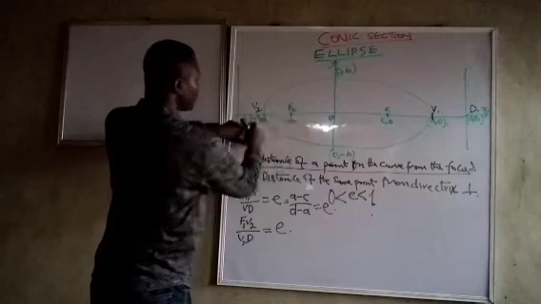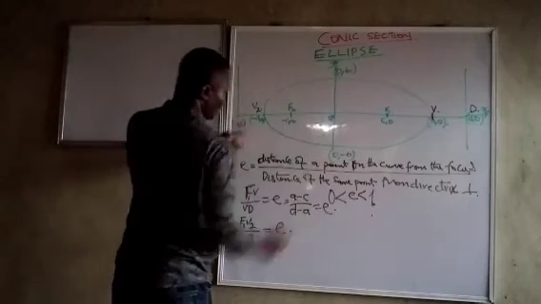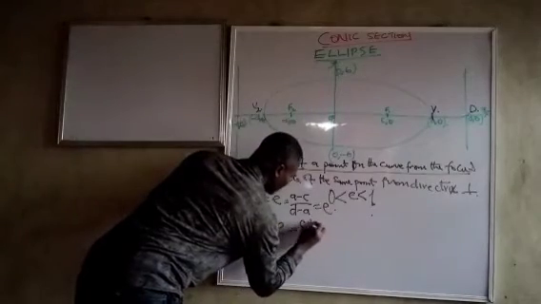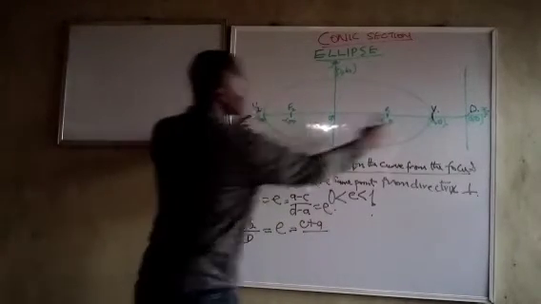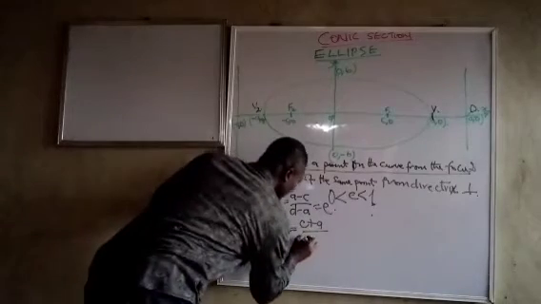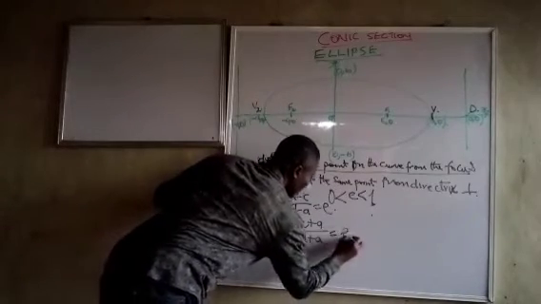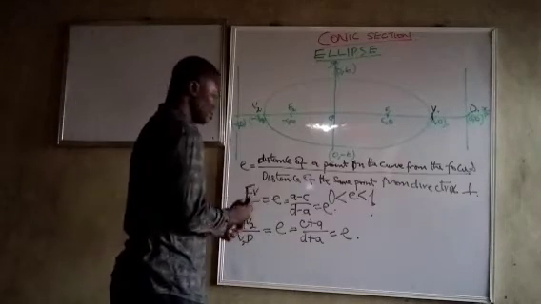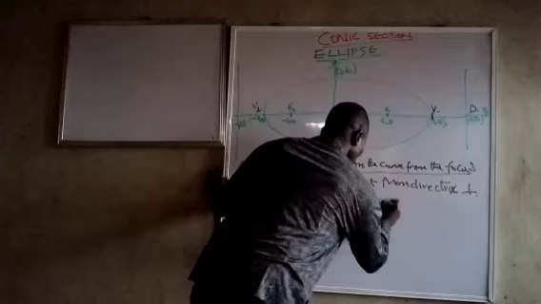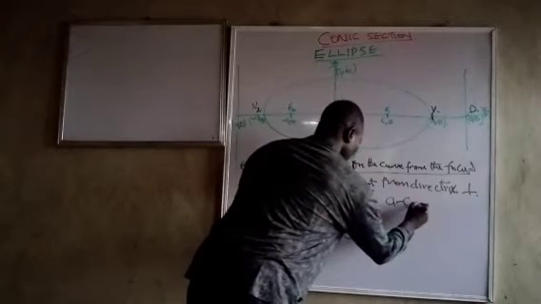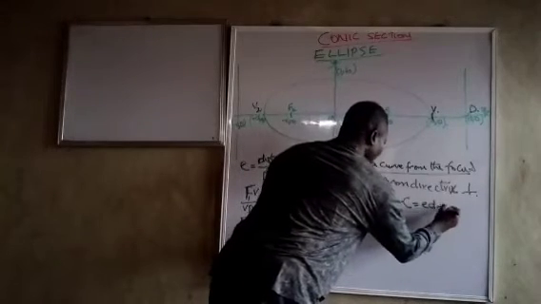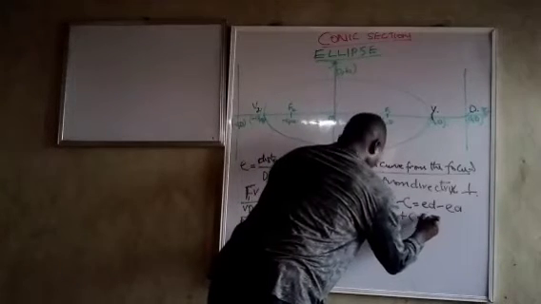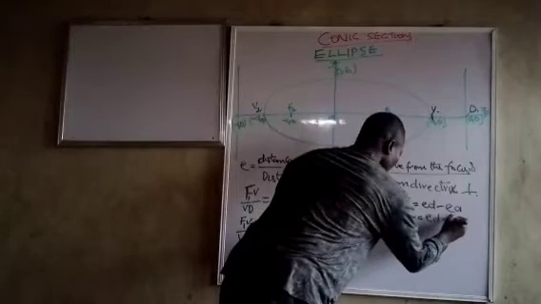This is minus A. This is the center. So we have C plus A over D plus A is equal to E. Please, we are trying to bring out a very important result. So we have A minus C is equal to ED minus EA, and A plus C is equal to ED plus EA.